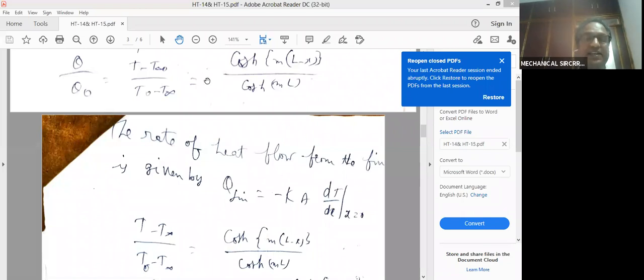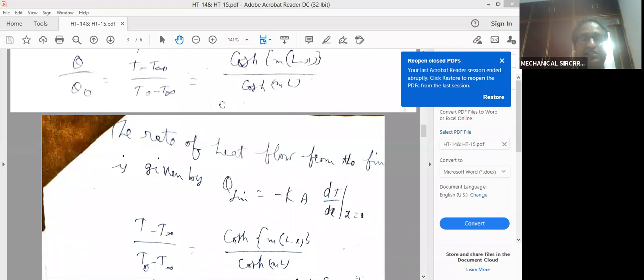That's why at the insulated end, the heat transfer Q is equal to 0. From Fourier's law of heat conduction, how do you calculate Q? Q is equal to minus KA dT by dx. So dT by dx at x is equal to L is supposed to be 0 because of minus KA.